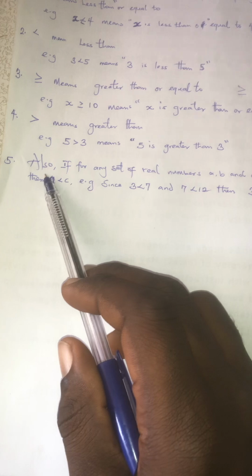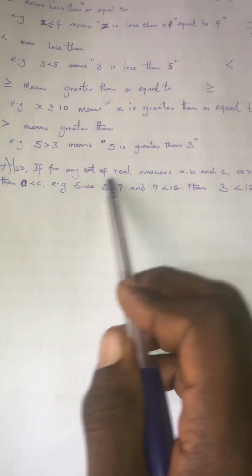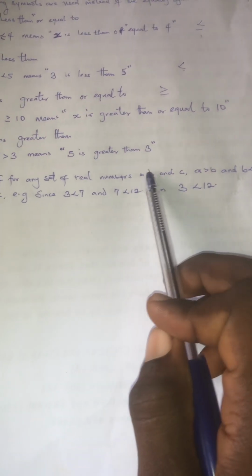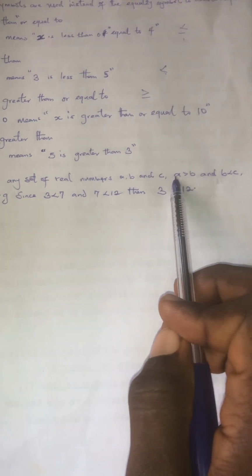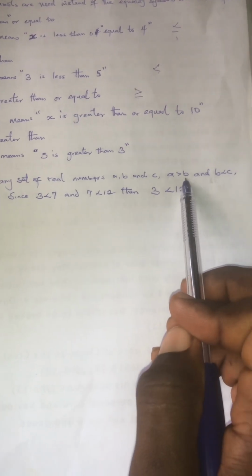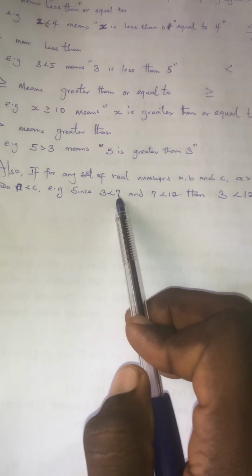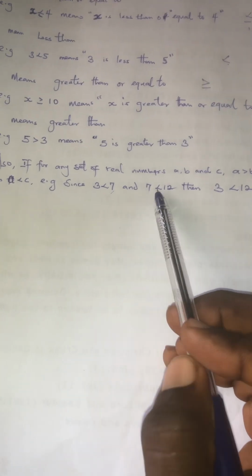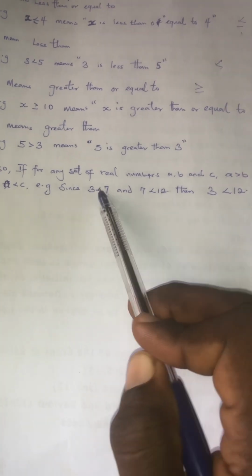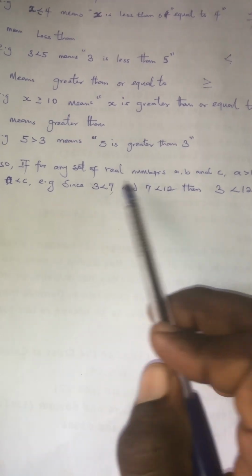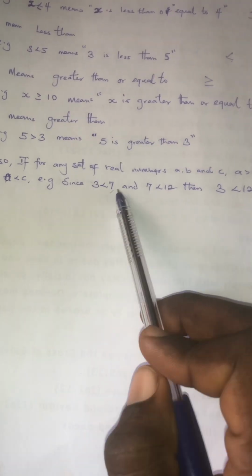I think you get it now. The next thing to know is that for any set of real numbers A, B, and C, if A is less than B and B is less than C, then A is less than C. Listen carefully. We have 3 less than 7, and 7 is also less than 12.